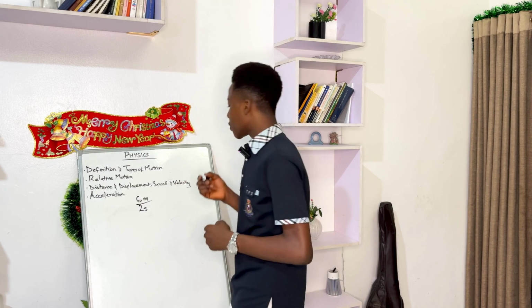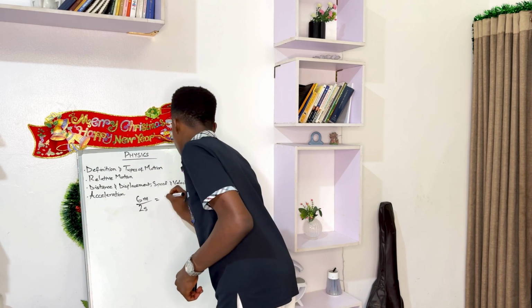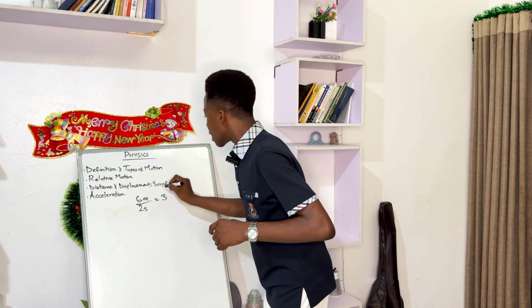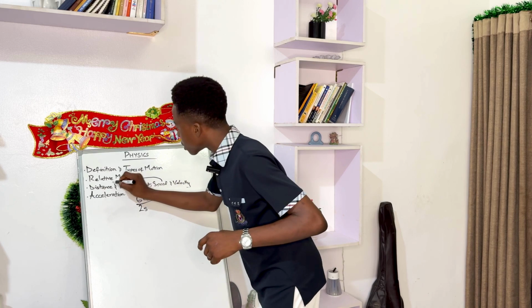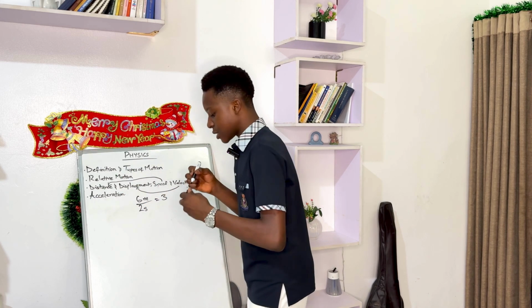How fast are you? What's your speed? Your speed is basically 6 divided by 2, which would give you 3, right? Now, speed is the scalar version with distance, while velocity is the vector version of displacement.